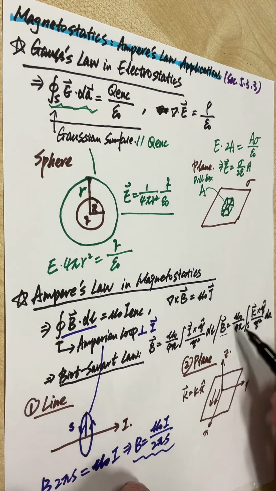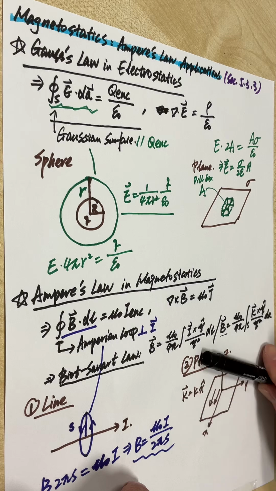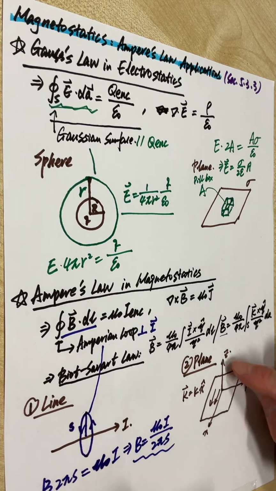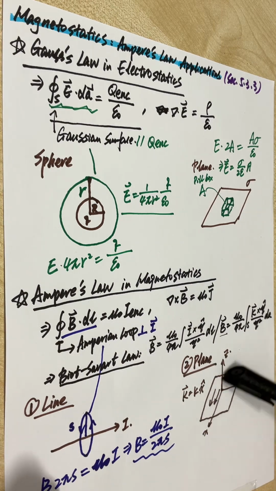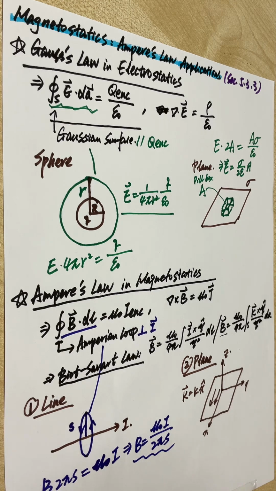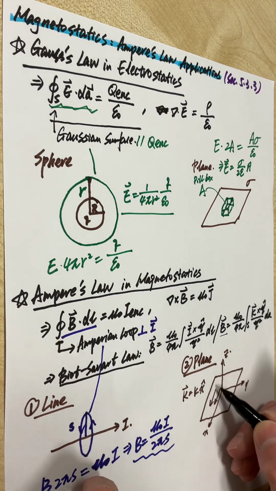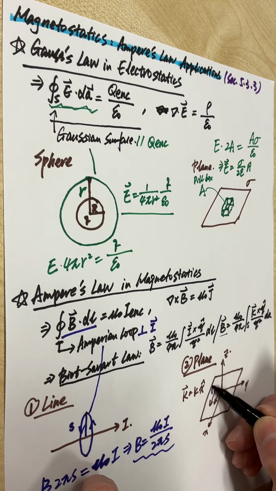So basically B must be perpendicular to the surface current. So the Amperian loop must be on the YZ plane. Okay, it must be orthogonal to the direction of current flow, and also it needs to enclose the current.